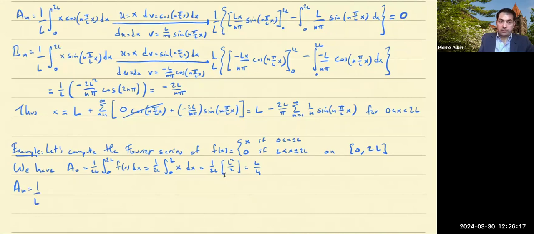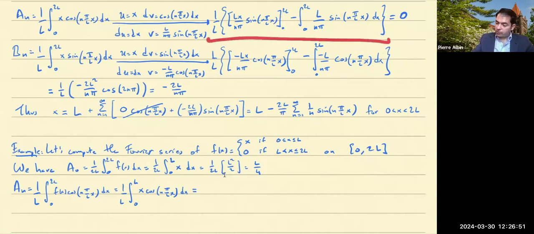Right, next, an would be 1 over L times the integral from 0 to 2L of f of x cosine of n pi over L x. So again, since f is 0 on the second half of that interval, we can just write this integral from 0 to L of x times cosine n pi over L x dx. Right, and so we would integrate by parts, but since we just did that here, we can just read off.